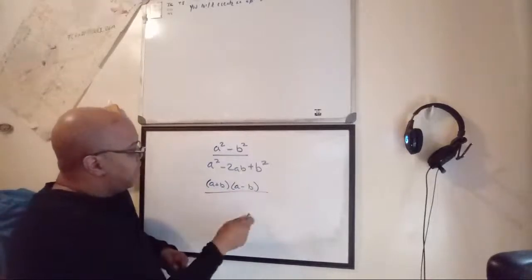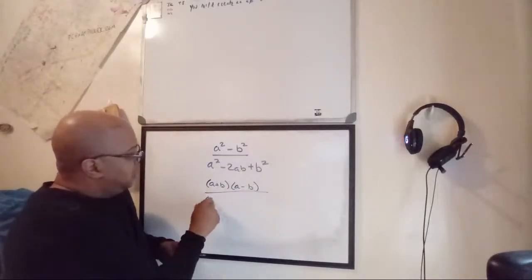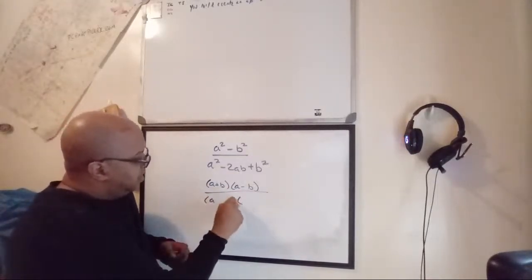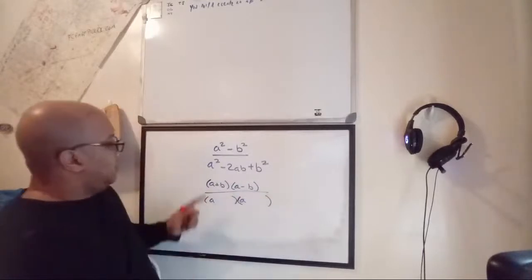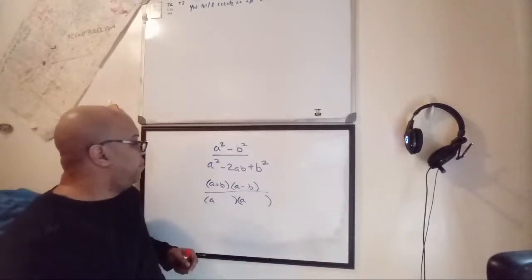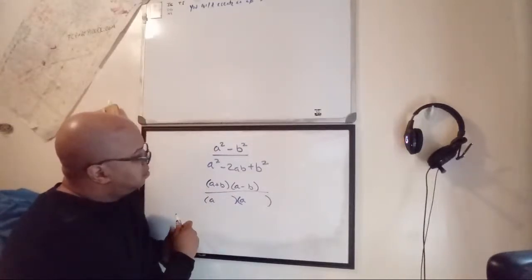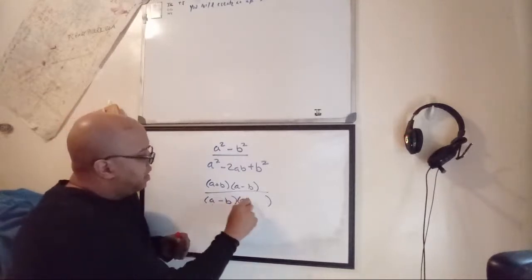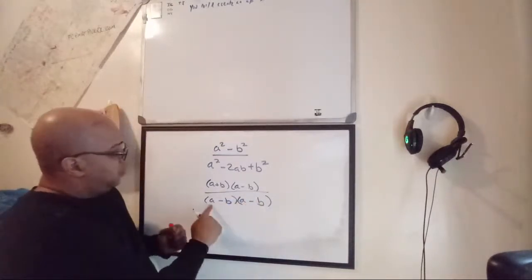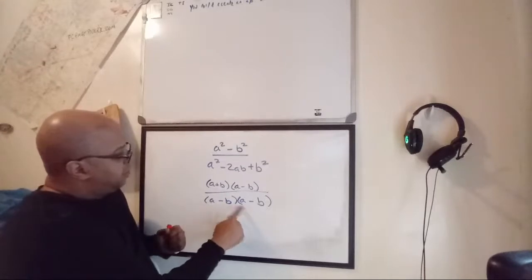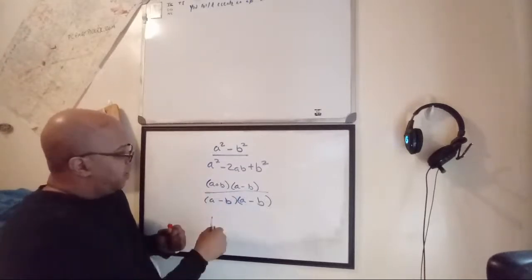So now we look at the bottom side. We know we had a's because we have a squared, and they have to be negative: a minus b, a minus b. The first two terms, a times a is a squared.